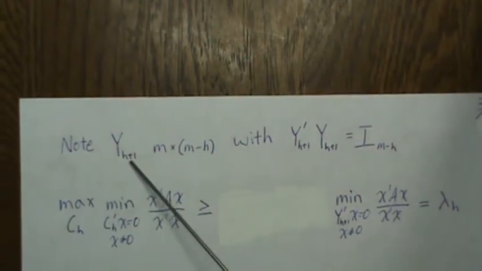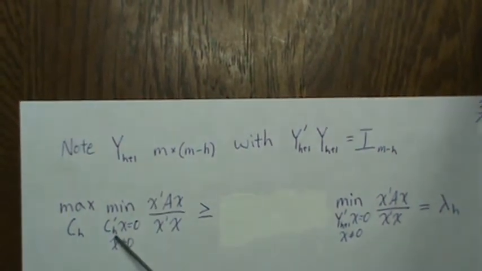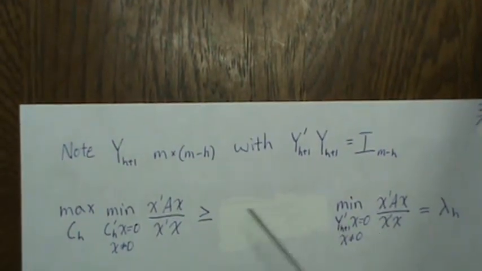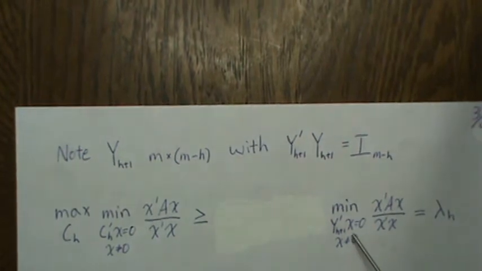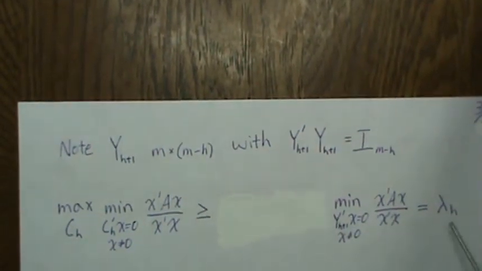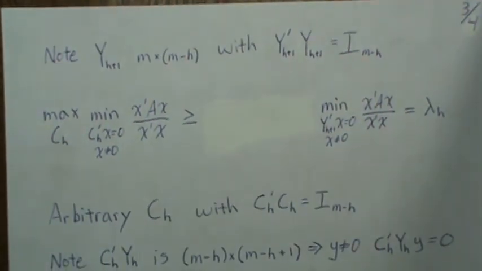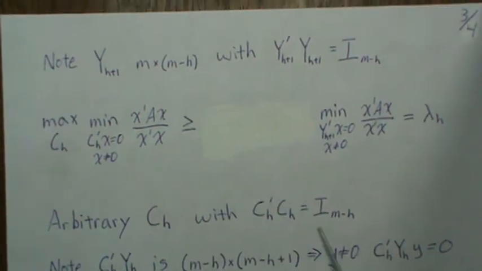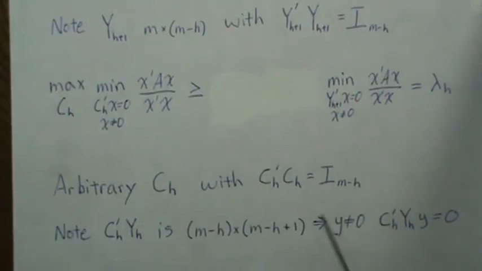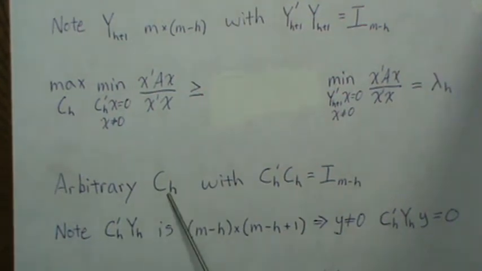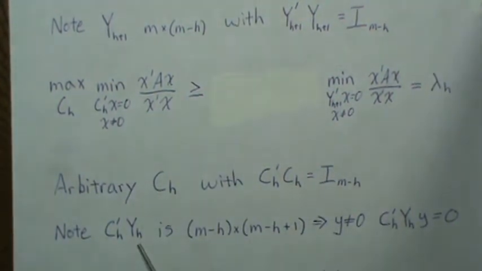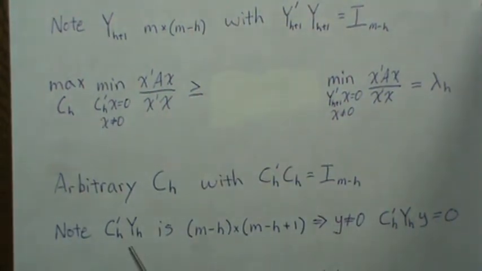So if we plug this y sub h plus 1 into here, which fits the requirements, then this has to be less than or equal to this. And so finding the minimum of this is lambda h, and that was in a previous video. So then we pick an arbitrary CH that meets the requirements of the theorem, and then we note that if we post multiply it by y sub h, then this has these dimensions, which means that it has one more column than rows, so this has to be a dependent matrix.